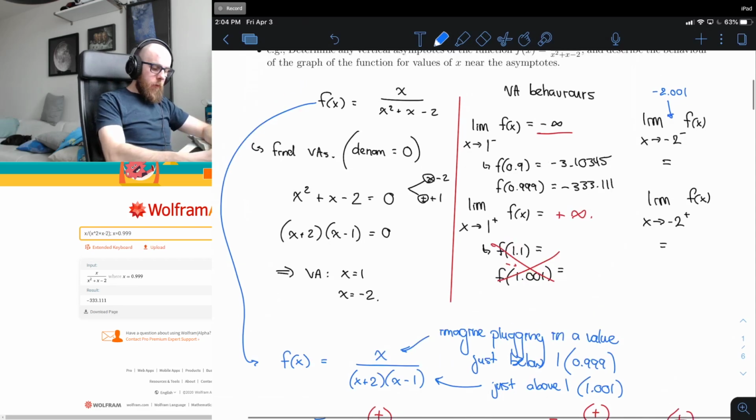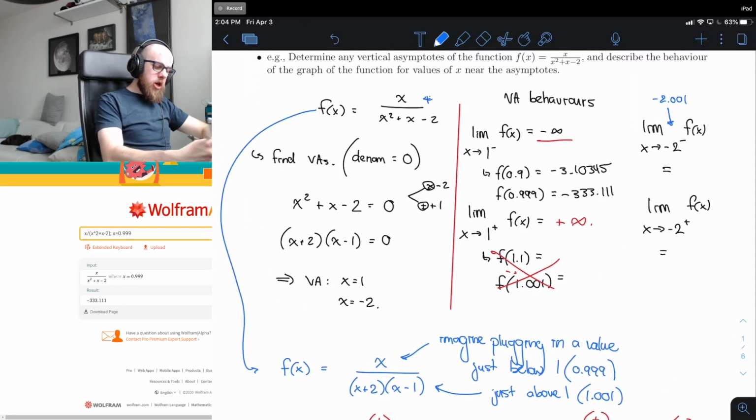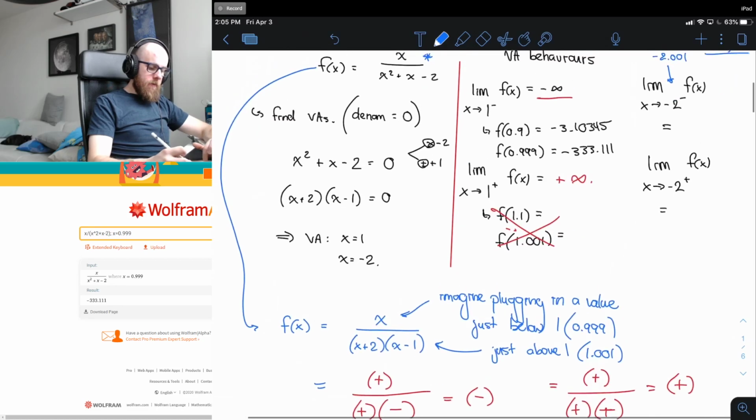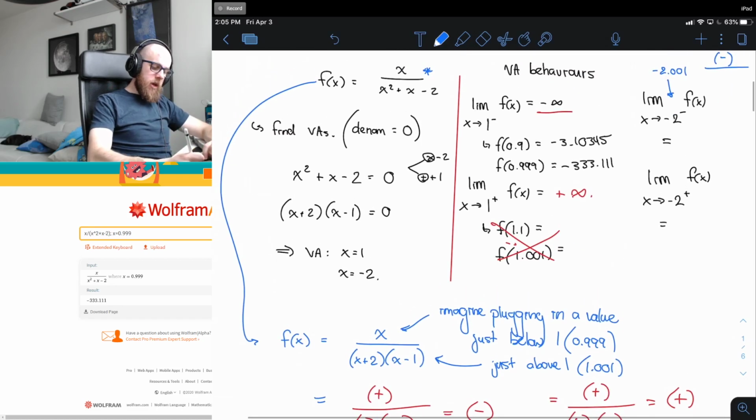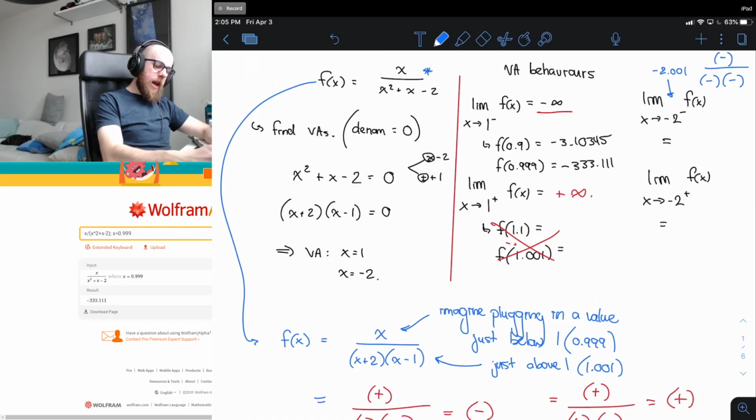Into our function, x is negative, so we have a negative over, and then -2.001 plus 2 will still be negative, and -2.001 minus 1 will be negative as well. So we have a negative divided by a negative times a negative, which is a negative over a positive, which is negative. So this function, at -2 from below, will go off to negative infinity.